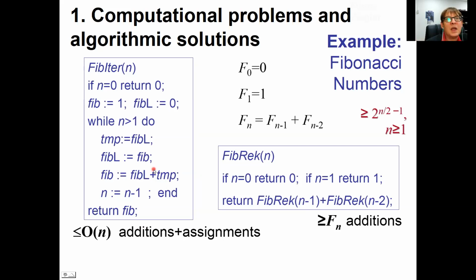To look at that, let's have a look at the binary length of the Fibonacci numbers. Right here we saw that the value of the Fibonacci number grows exponentially, but we had this slide that emphasizes the difference between the value of an integer and the binary length of an integer. The binary length of an integer is roughly the logarithm of the value. So for the Fibonacci numbers, their value grows exponentially, which makes this algorithm prohibitive.